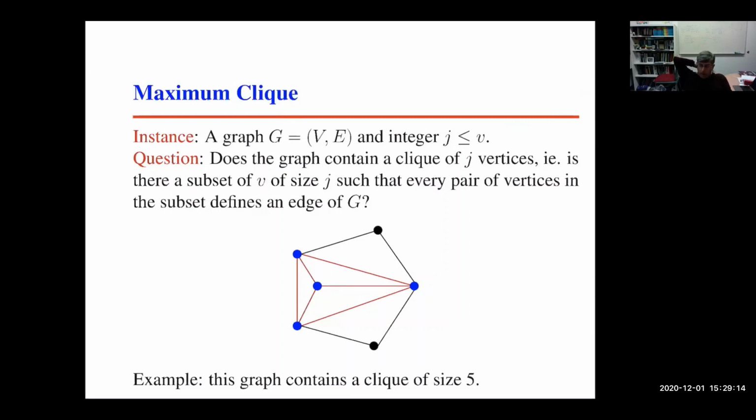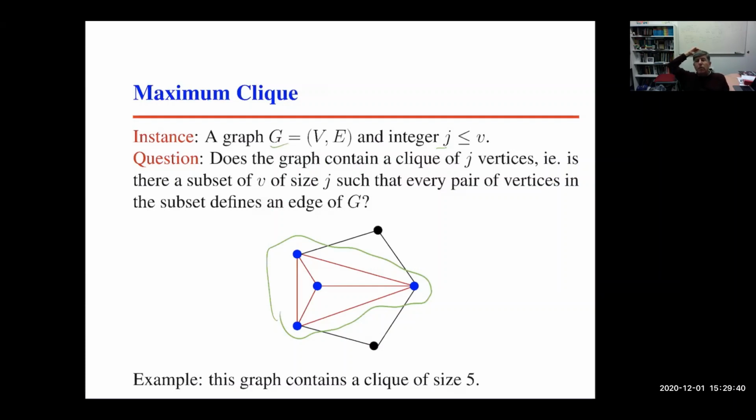Given a graph G and an integer J, does the graph contain a clique of J vertices, namely a subset of J vertices, here J equals 4, such that every pair of nodes in that subset defines an edge of G?